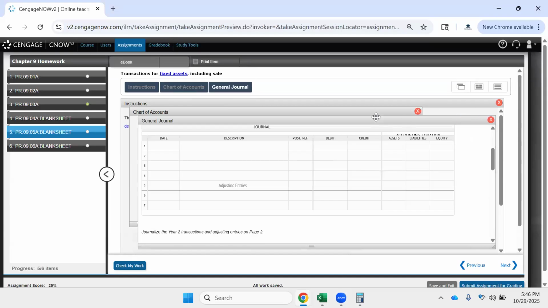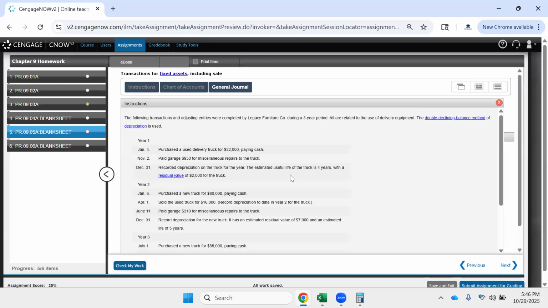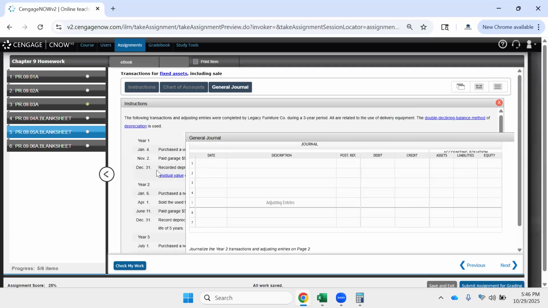So our first entry is to record the purchase of the truck.